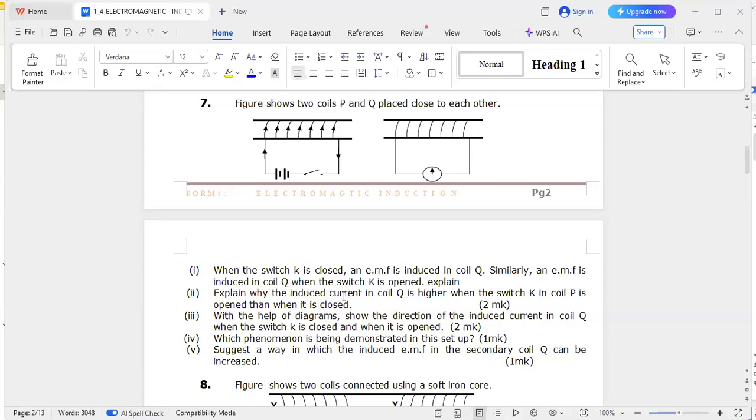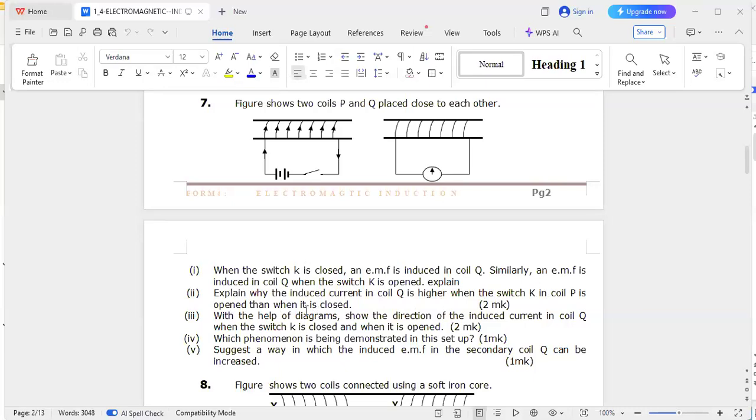To explain why the induced current in Q is higher when the switch K in P is opened than when it is closed. When the switch is opened, current takes a shorter time to die off from maximum to 0 than to build up.